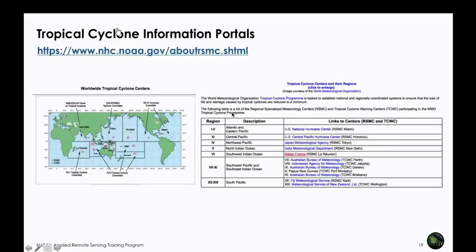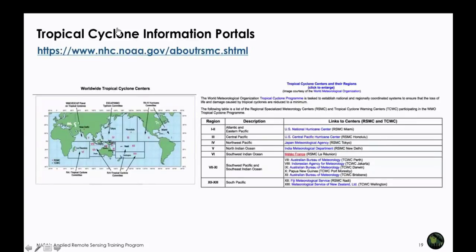WMO provides information about the regional centers where hurricane or tropical cyclone information can be found. There are portals where you can go to. Here in the US, National Hurricane Center from NOAA is the main center that provides information about hurricane outlook, hurricane forecast.